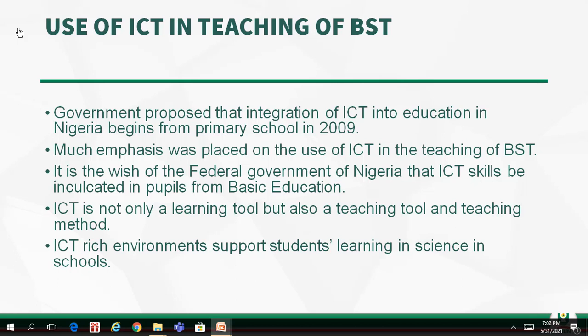So now the government proposed this, and we need to look into it. Much emphasis was placed on the use of ICT in the teaching of basic science and technology. It is the wish of the federal government of Nigeria that ICT skills be incorporated in primary school.